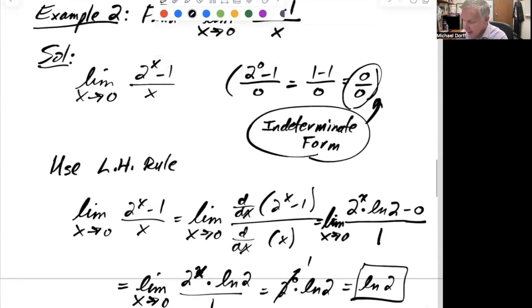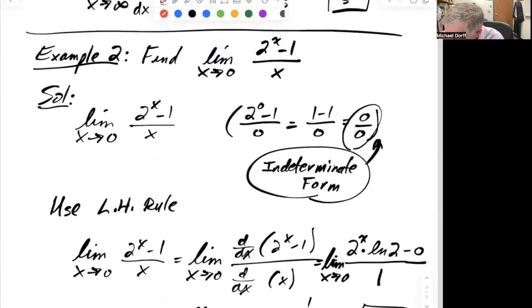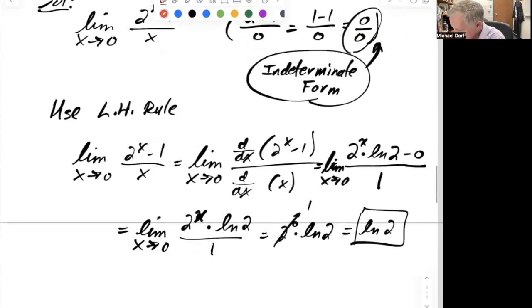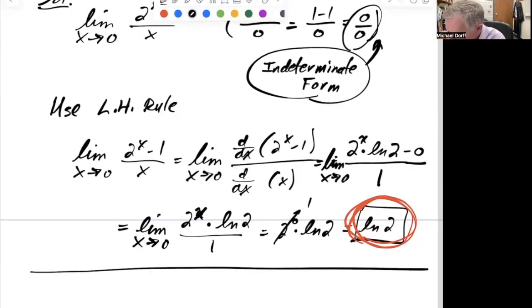That's my answer. This original problem, the limit as x goes to 0 of (2^x - 1) over x, equals natural log of 2, and we got that by doing L'Hopital's rule. All right, let me give you a little bit harder example of L'Hopital's rule here.